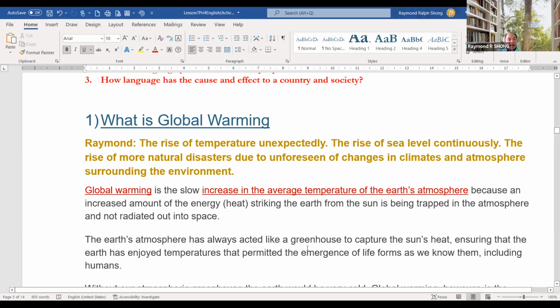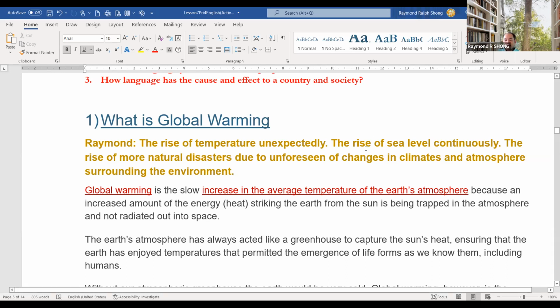Okay, yes. Right, Michael, we talk about global warming. Come, your turn. Global warming is the slow increase in the average temperature of the Earth atmosphere because an increased amount of the energy heat striking the Earth from the sun is being trapped in the atmosphere and not radiated out into space.